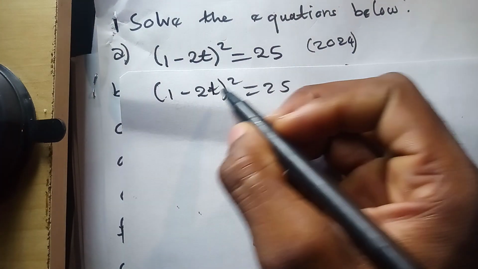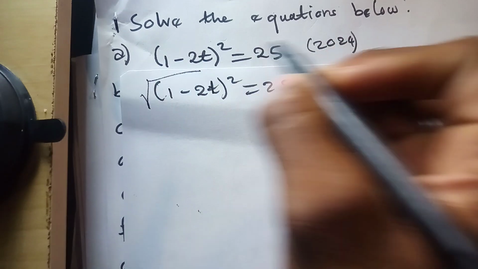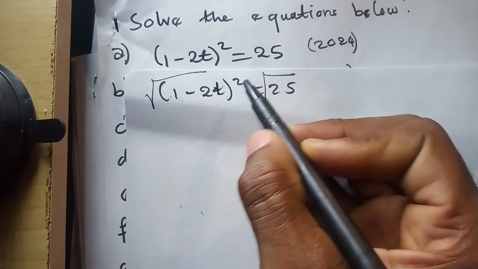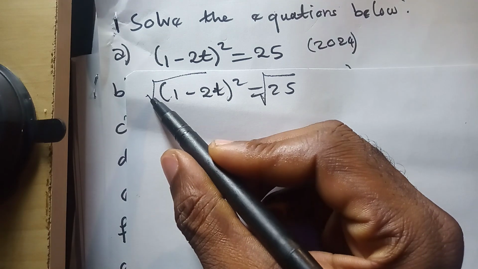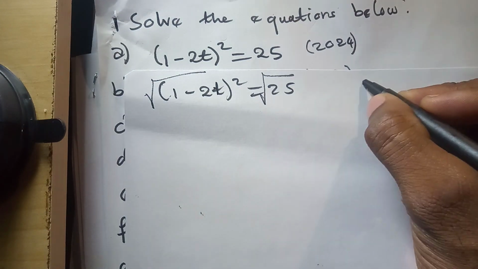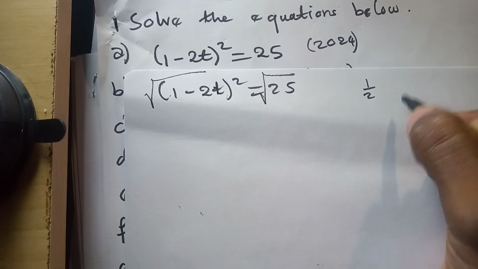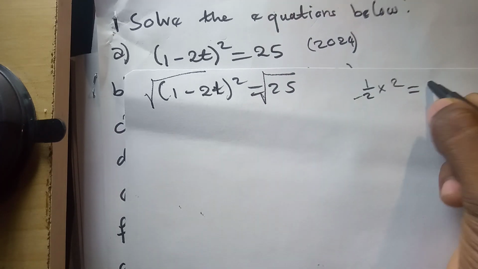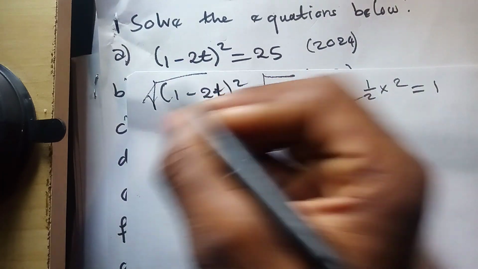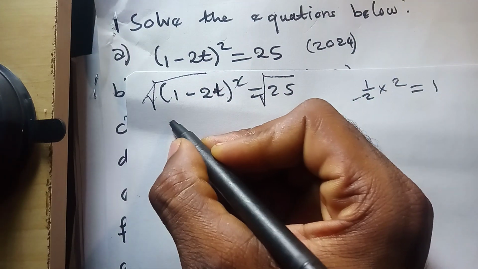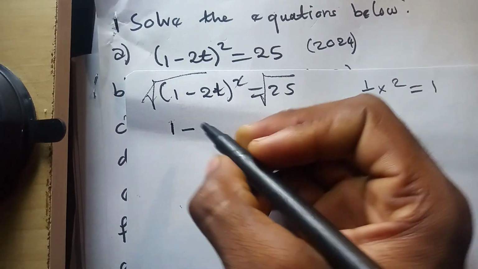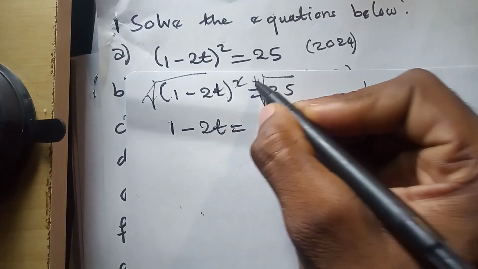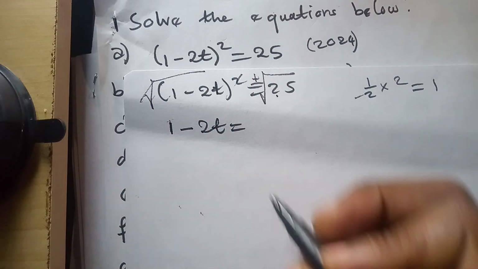So what you do at this point, you can just introduce the square root on both sides since we have a square there. So the square and the square root will go, because the square root is like 1 over 2, then the square is like this. So when you multiply these two, you have a 1. So the square and the square root will go. So that means you remain with 1 minus 2t. Then the square root of 5, of course, this will be plus or minus.